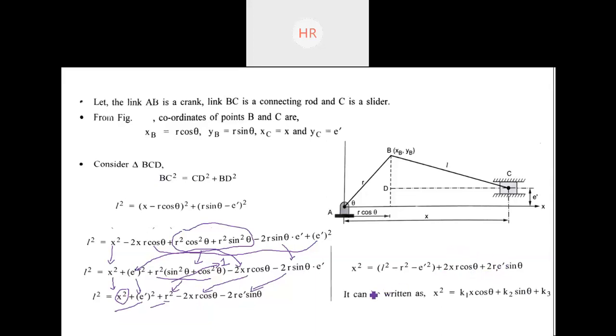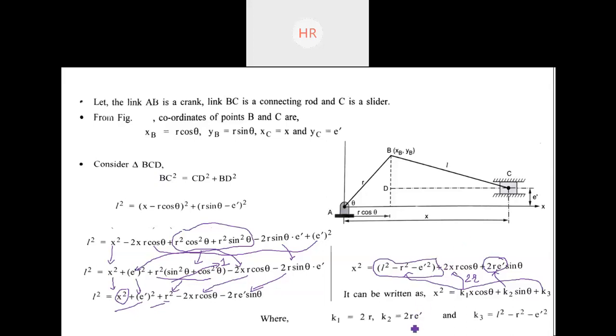So we can write this equation like this: x square is equal to k1 x cos theta plus k2 sin theta plus k3, where k1 is taken from this term. k1 is equal to, equating both, 2 times r. k2 is equal to 2 times r into e dash, and k3 is equal to L square minus r square minus e dash square.